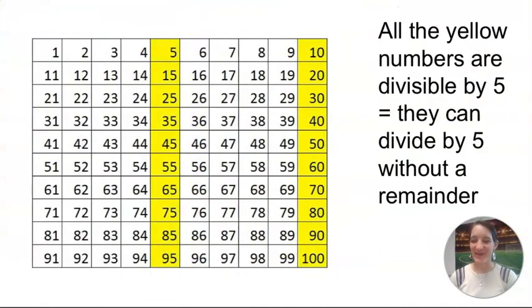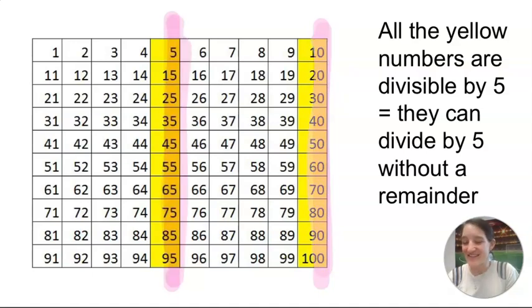So cool, huh? All right, here are all the numbers that are divisible by 5. We have this column and we have this column. What do they all have in common? Well, they all either end in a 5 or they end in a 0.